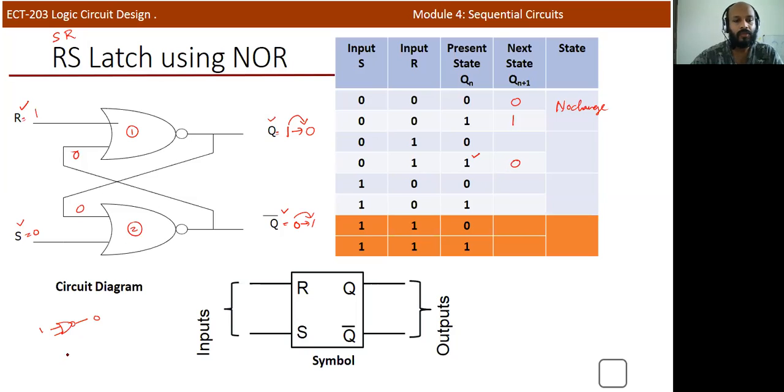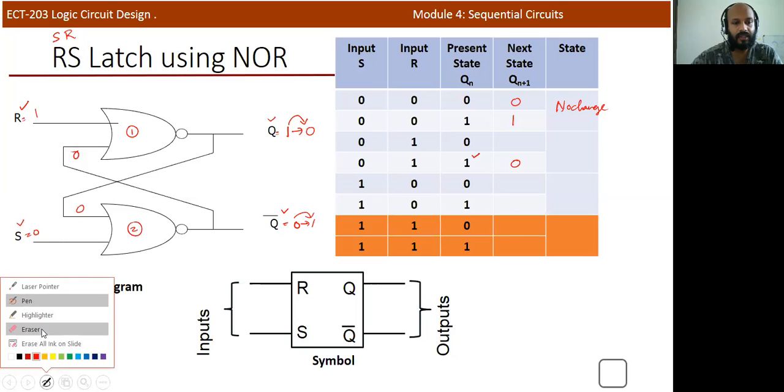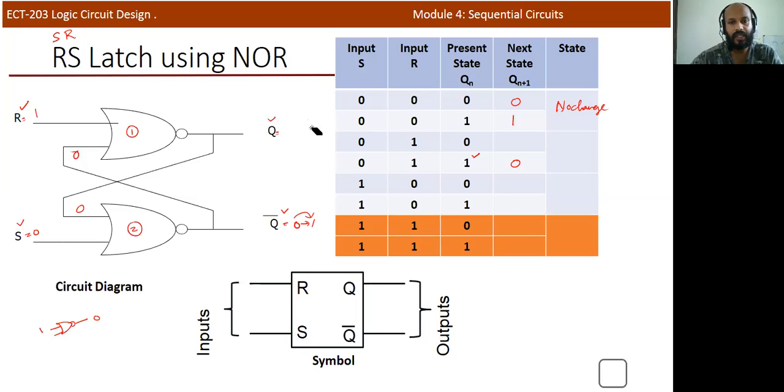Now we can analyze one more case here. That is, the initial state of Q is 0. If Q is 0, definitely Q bar is equal to 1.